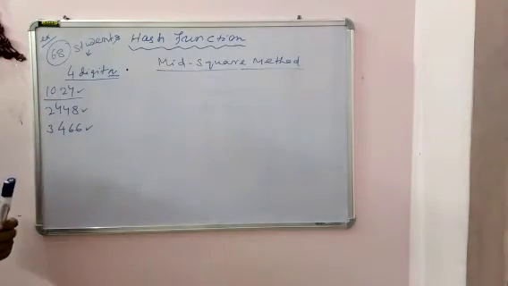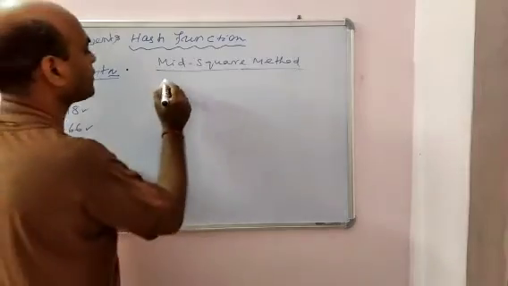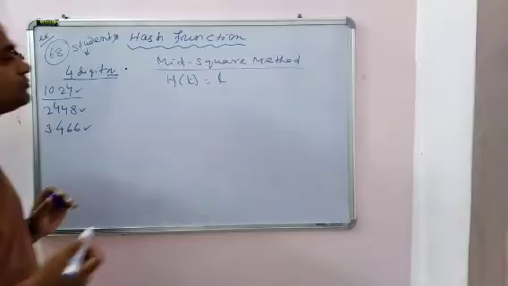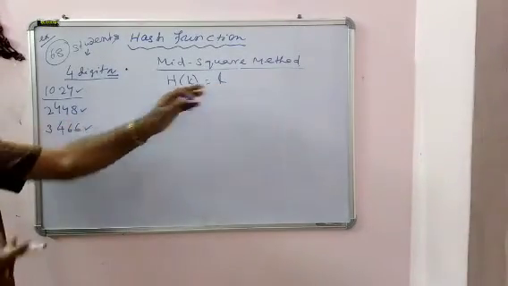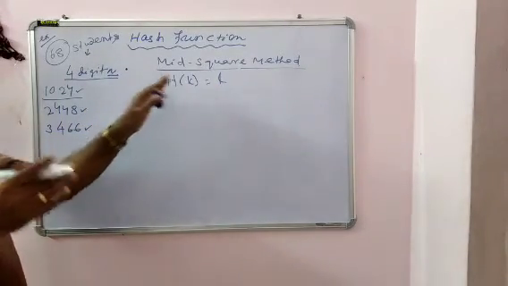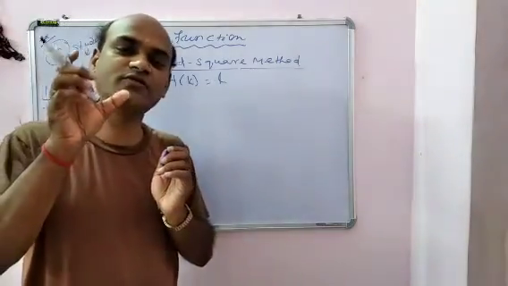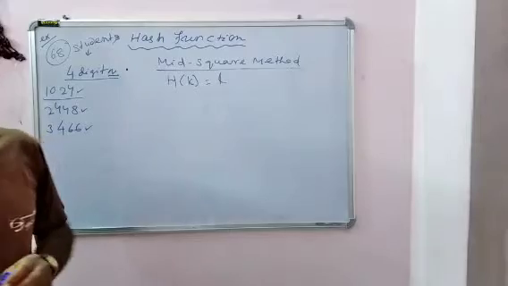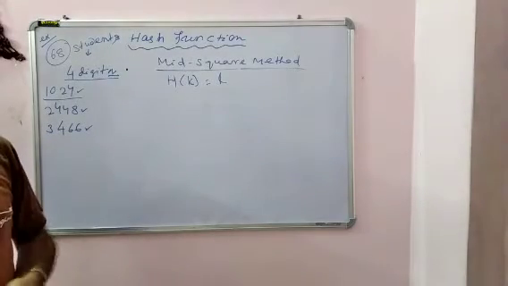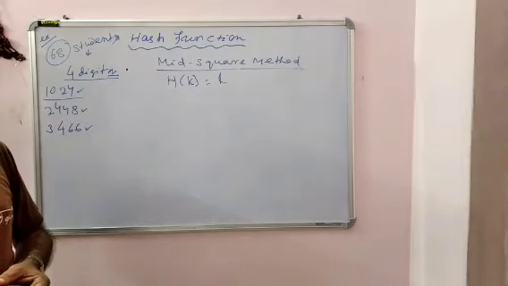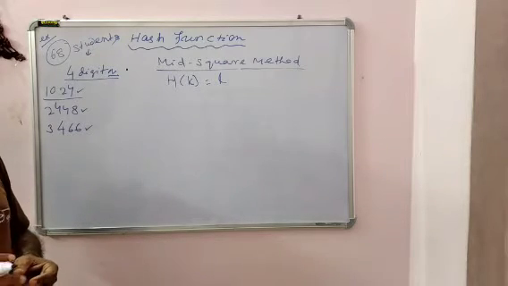The formula of the mid square method is represented by h of k equals L, where L is the value of the hash address computed after eliminating digits from both ends of k square.